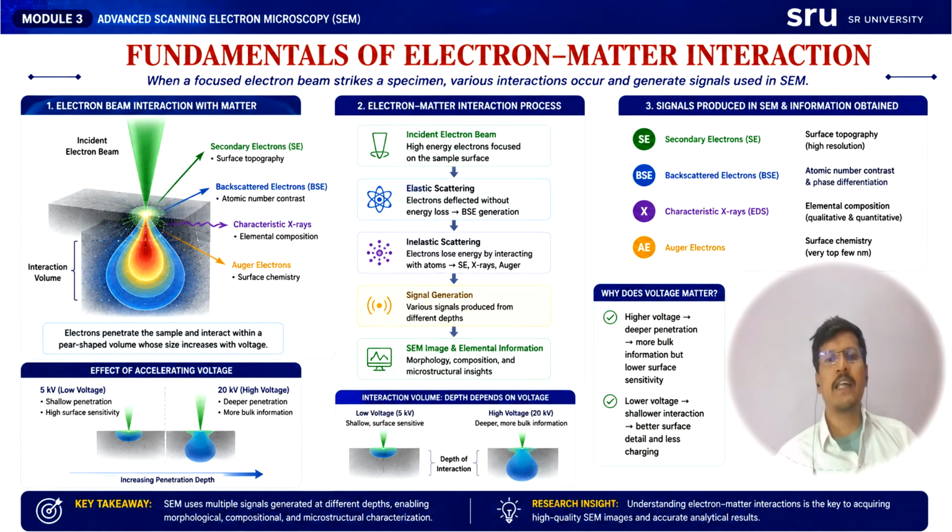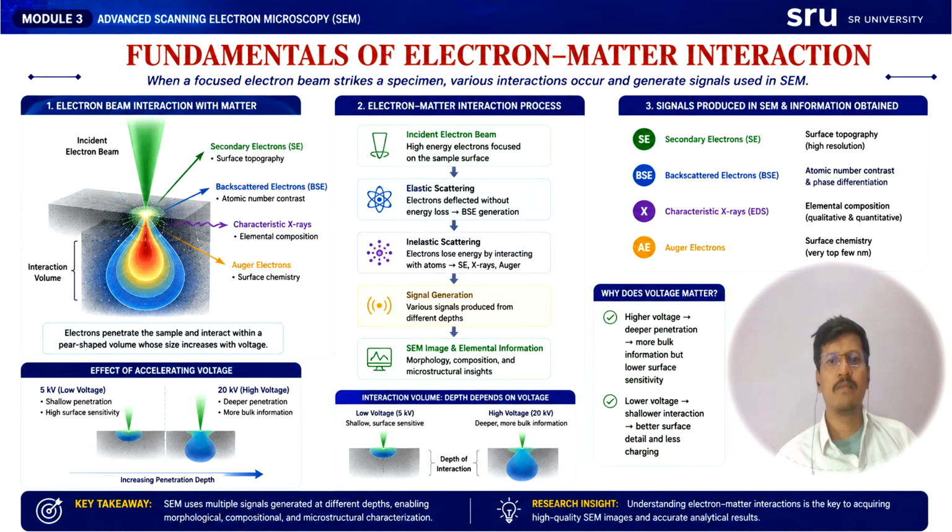Inelastic scattering occurs when the electrons lose energy while interacting with the sample atoms. These interactions generate several signals, including secondary electrons, characteristic X-rays, and Auger electrons.